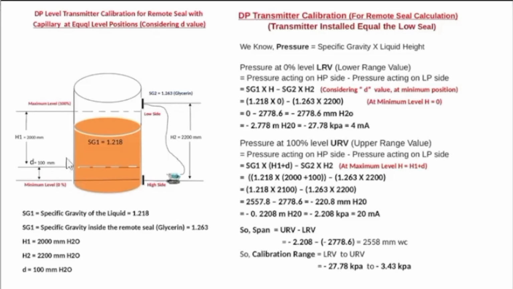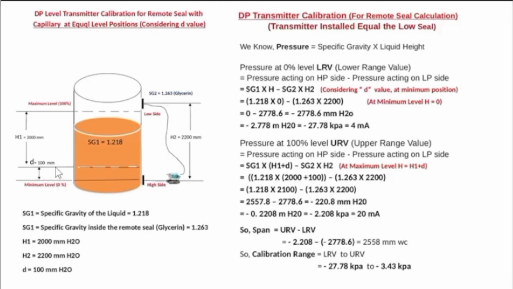So total height 2000 plus 100, that means 2100. And finally we got minus 220.8 millimeter water column, that means minus 2.208 kPa. At this stress we will get 20 millimeter.